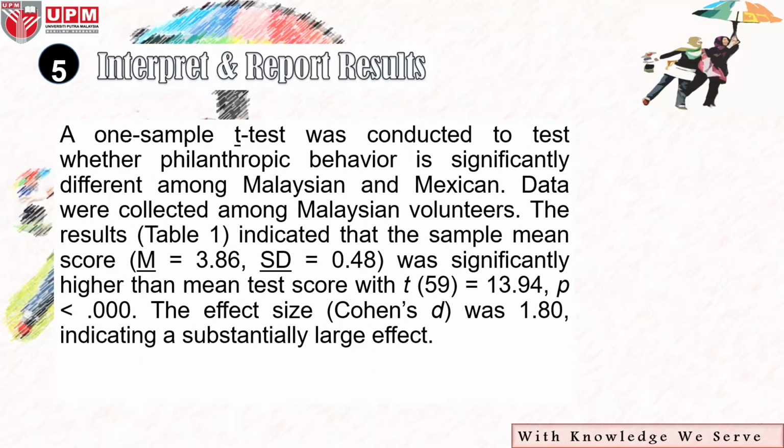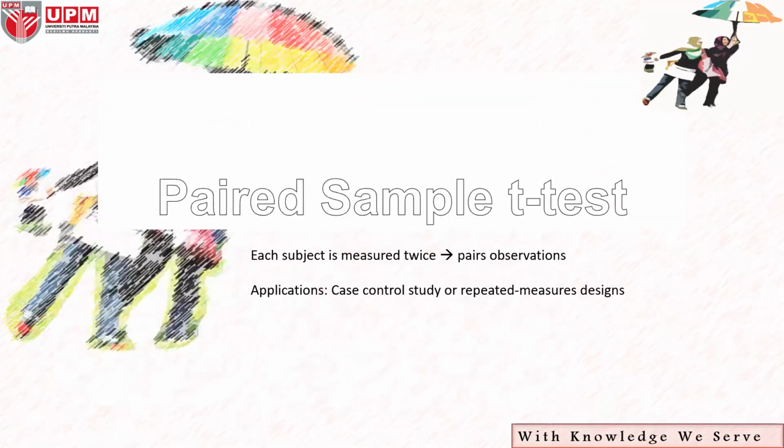The result, as indicated in Table 1, shows the sample mean score, mean equals 3.86, standard deviation equals 0.48, was significantly higher than the test score, t with degrees of freedom 59 equals 13.94, significant value lesser than 0.000. The effect size is extra to report. It's okay, I will explain later what effect size is. Okay, this is done. Any questions?